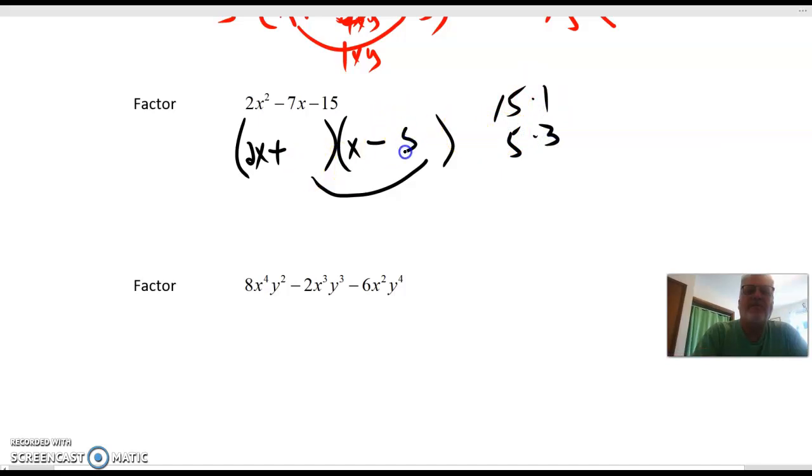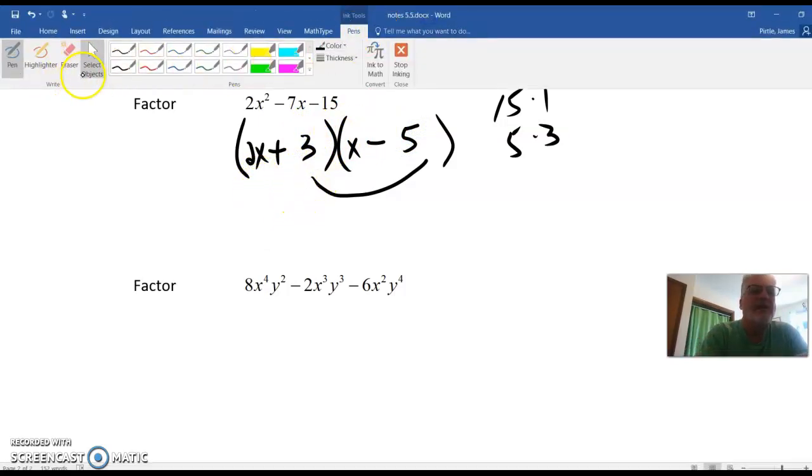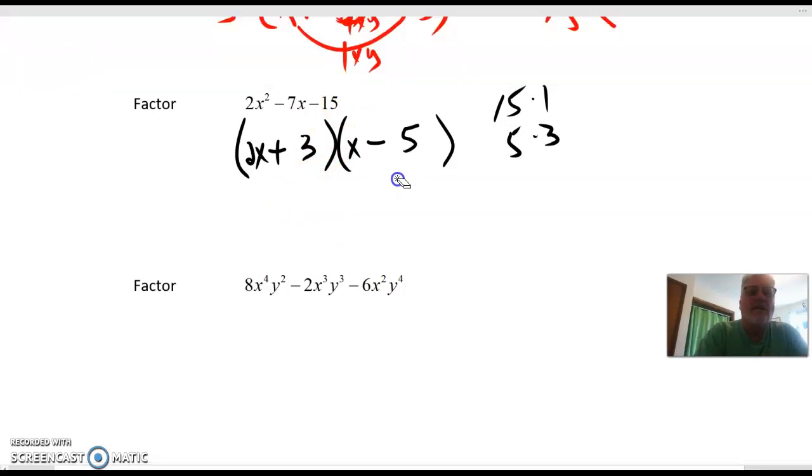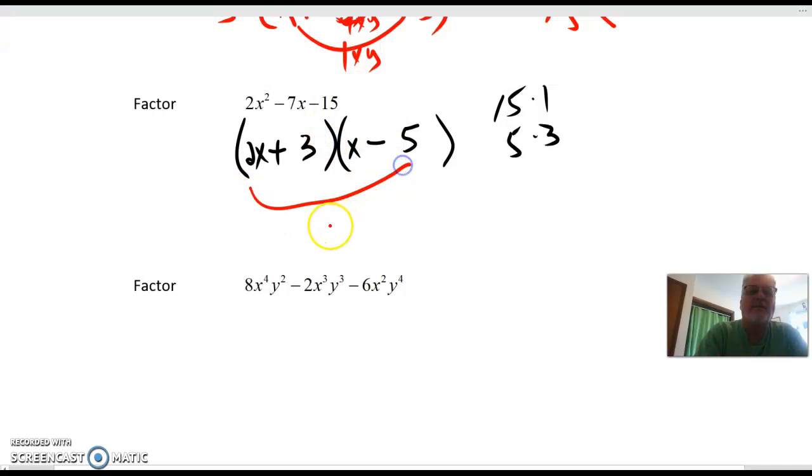I'm going to try the 5 here and the 3 there. All I have to do is check the outside and the inside. Outside gives me negative 10x, inside gives me 3x, which adds up to be negative 7x. So now I know I did it right.